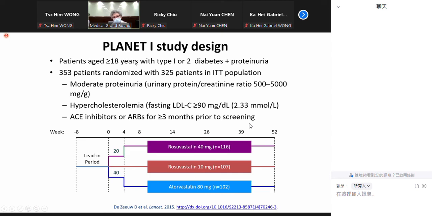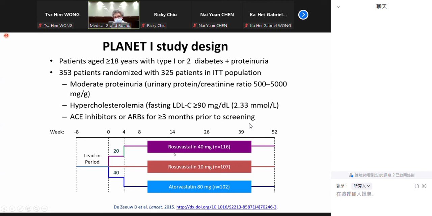Remember, they were using patients who had renal dysfunction. These patients have severe albuminuria and high lipids, and they were already treated with ACE inhibitors or ARB, and they just wanted to do a short study, only about 39 weeks.